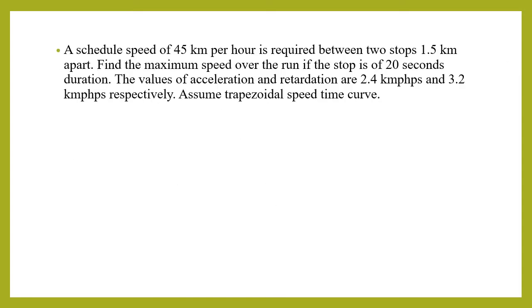So the first problem statement: a scheduled speed of 45 km per hour is required between two stops 1.5 km apart. Find the maximum speed over the run if the stop is of 20 seconds duration. The values of acceleration and retardation are 2.4 km per hour per second and 3.2 km per hour per second respectively. Assume trapezoidal speed time curve.